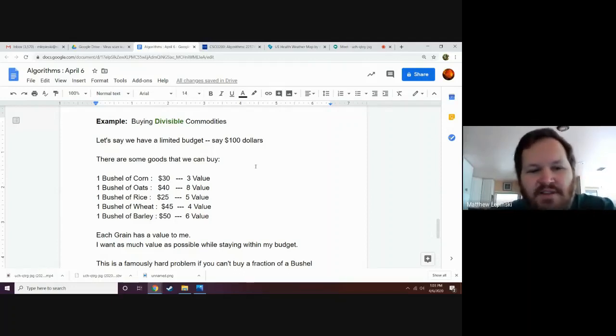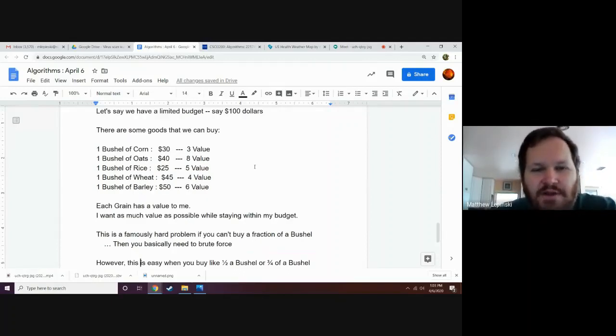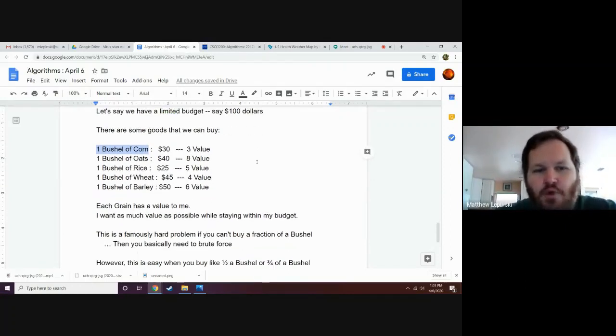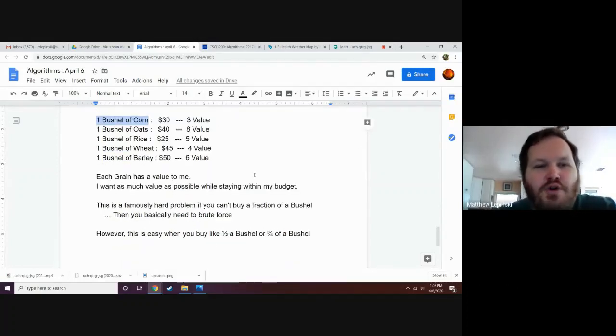If you solve this using linear algebra, you'll definitely get fractional bushels. But that's 100% fine, because a bushel of corn is easily divided into pieces. Most sellers of corn will sell me it in increments less than a bushel.